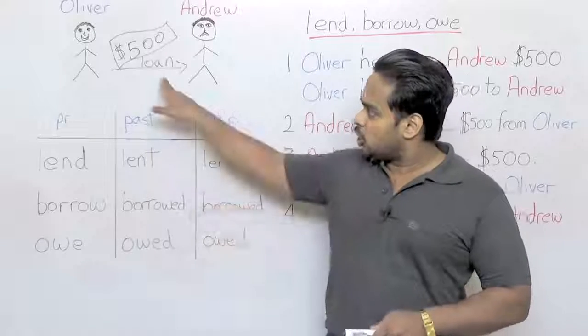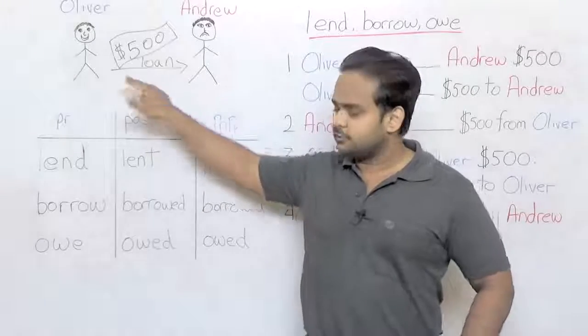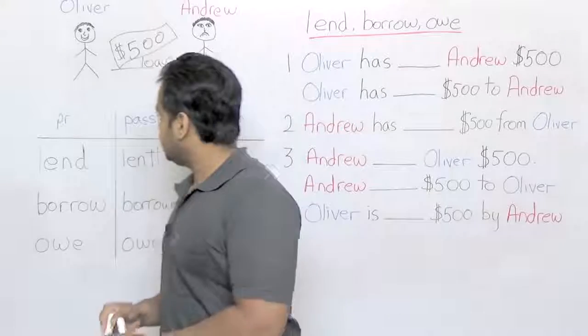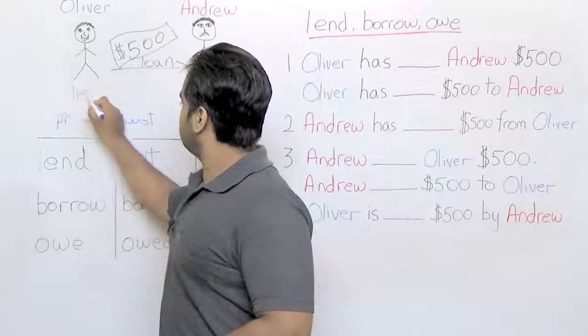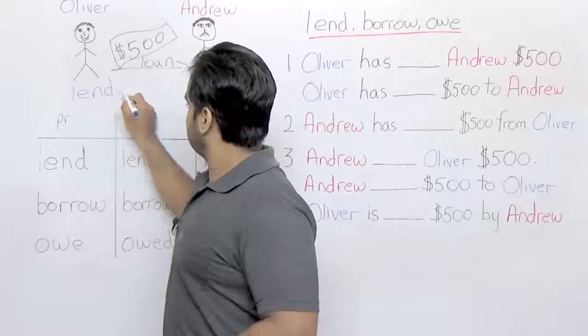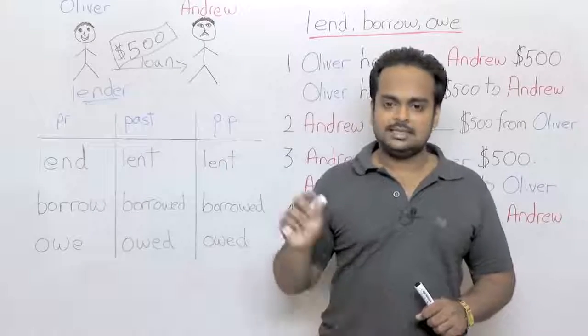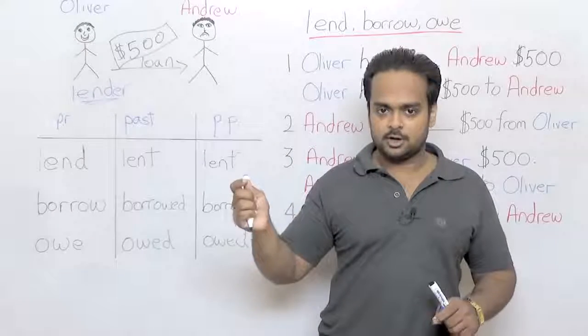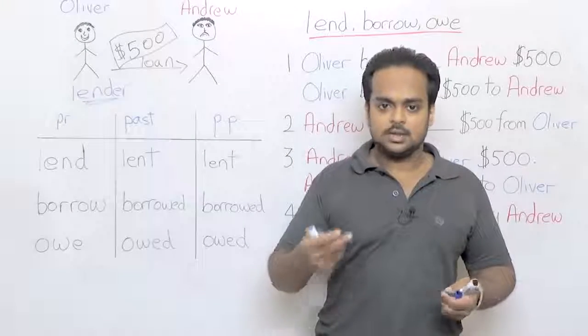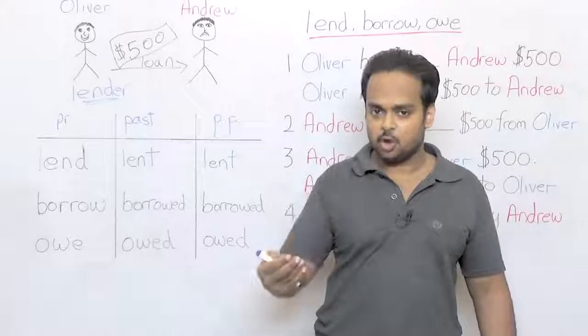Now, when there is a loan, the person giving the loan is called the lender. See the L in loan and lender? Loan, lender. The lender is the person giving the loan.